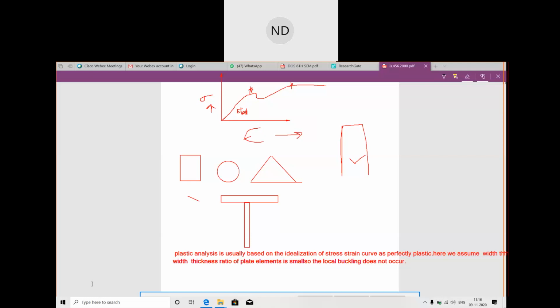Broadly speaking, the section will be declared as perfectly plastic.